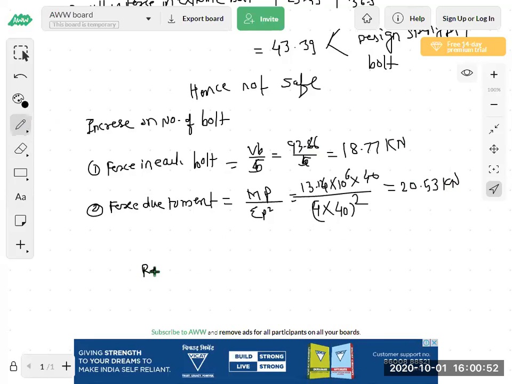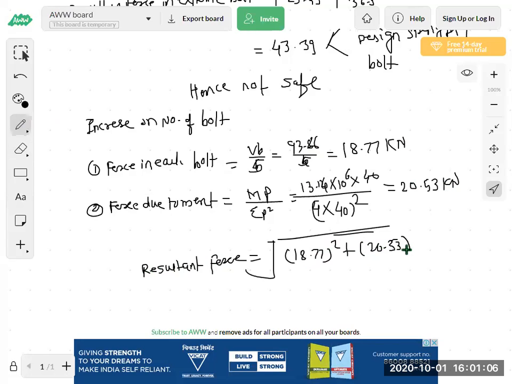Now resultant force किती येतोय, is equal to under root of 18.77 square plus 20.53 square. How much this? 27.82.